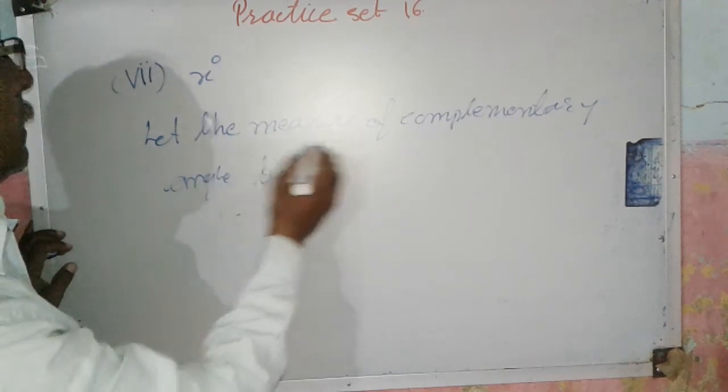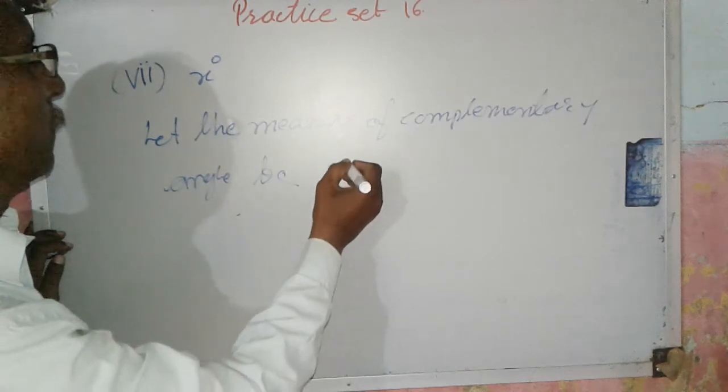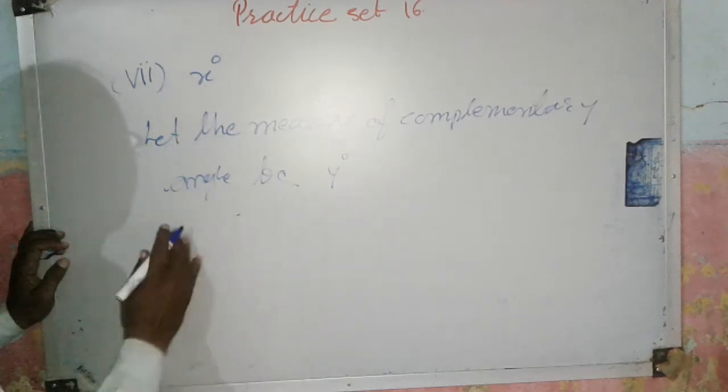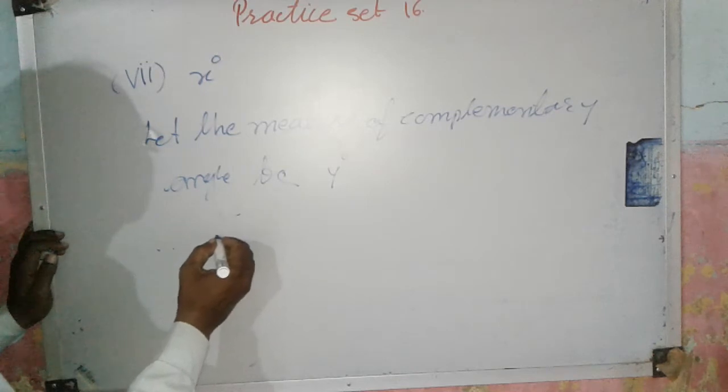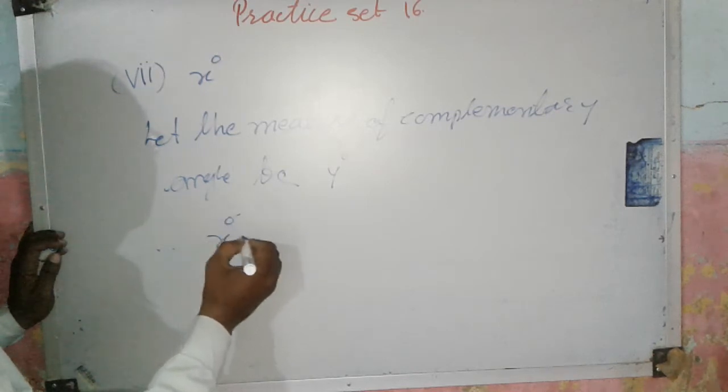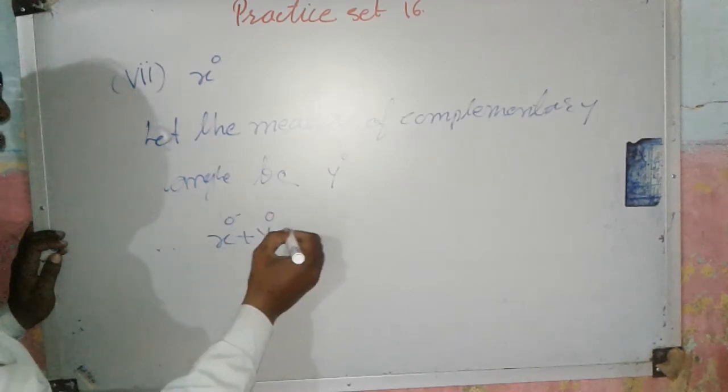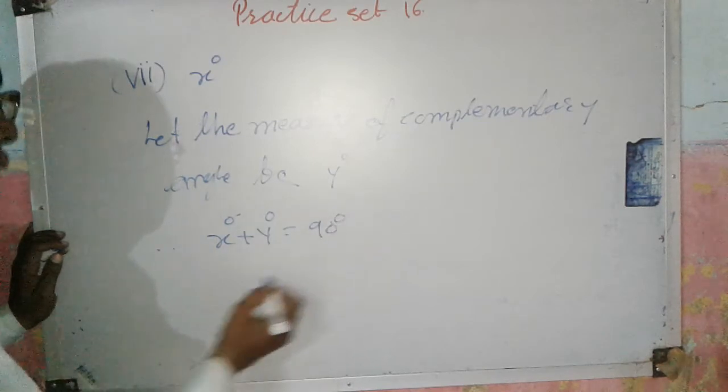Now let the measure of the complementary angle be y. So x degrees plus y degrees is equal to 90 degrees.